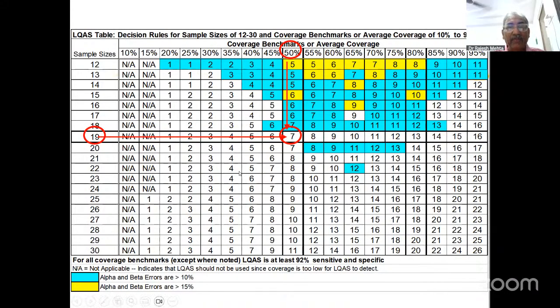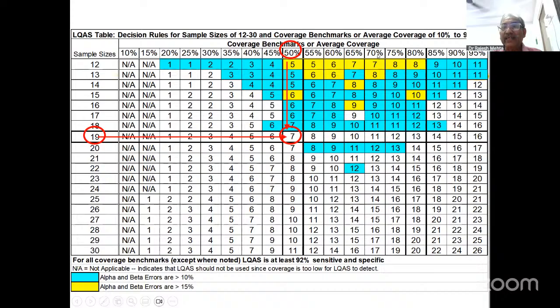You need to remember how many were covered, and from that data you can find out the coverage. Suppose the government says that there is a 90% coverage. But in these 19 individuals, you could find only 11 were covered.